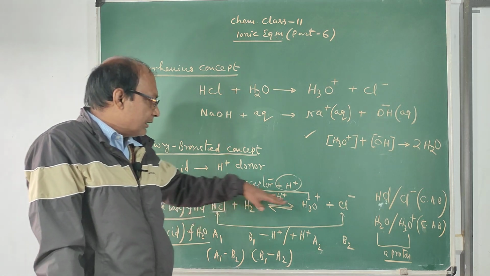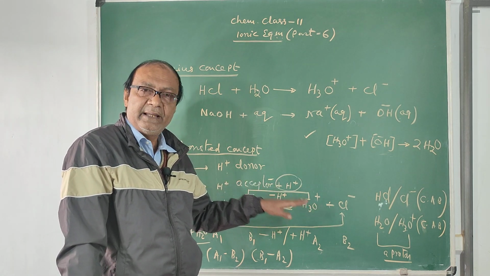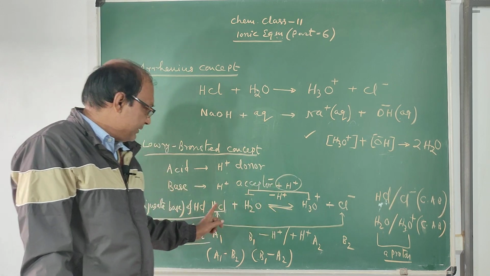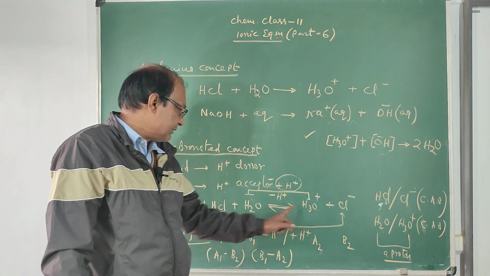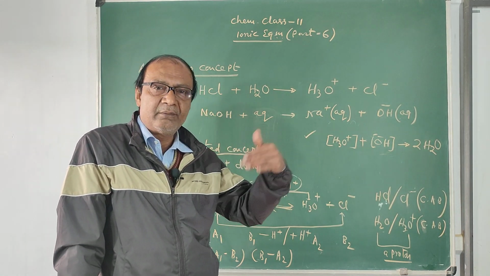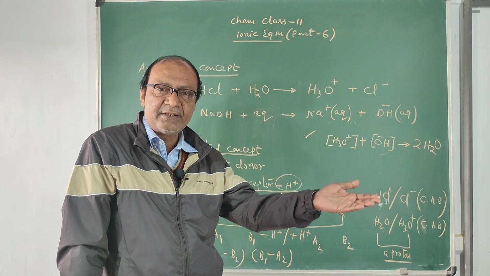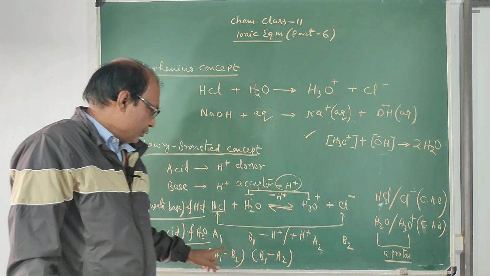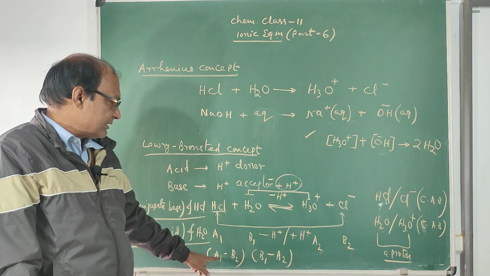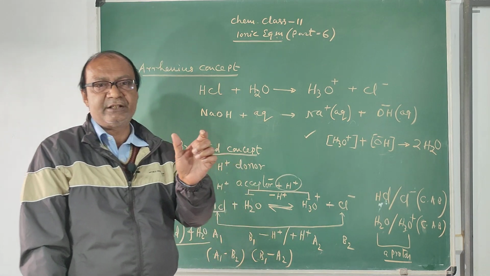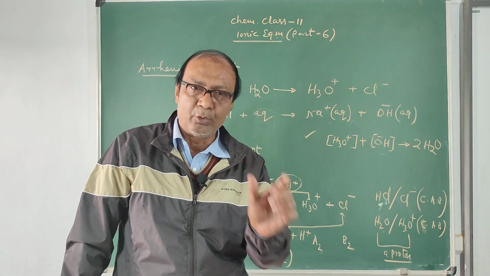Now consider any reaction in the reversible way. That means whether it goes in the forward or backward direction doesn't matter. In some cases it will go in the forward direction, in some cases in the backward direction also. So A1B2 is a conjugate acid-base pair, B1A2 is another conjugate acid-base pair. Conjugate acid-base pairs always differ by a proton.